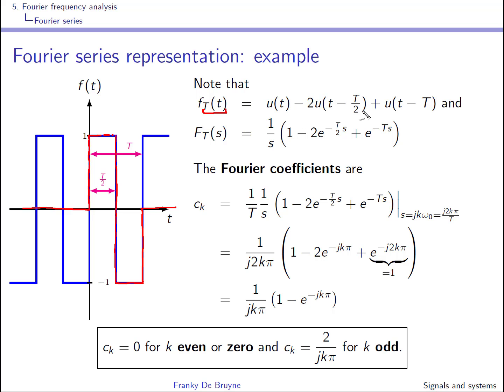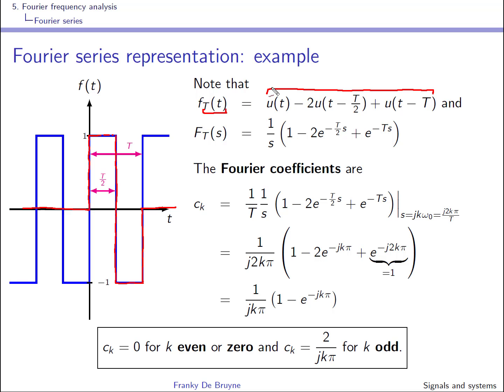Okay, so here at t equals the period over 2, we need to subtract 2 times the unit step to go to a negative value. Okay, so this is another way of writing this restriction of the function to this period 0 to T, right?